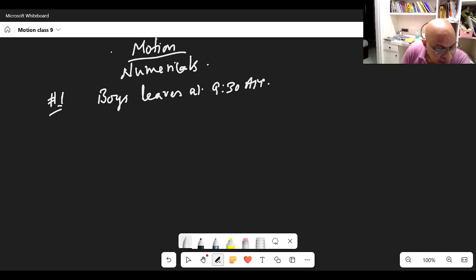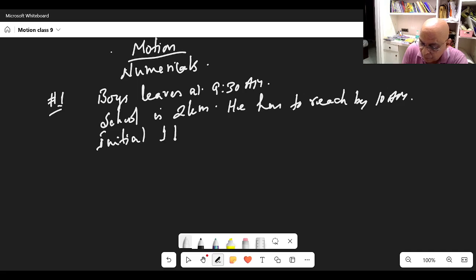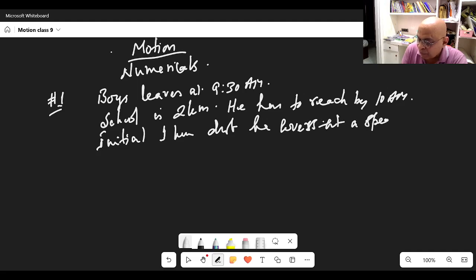Now what he does, school is 2 kilometers away. He has to reach by 10 AM. The initial 1 kilometer distance he covers at a speed of 3 kilometer per hour.